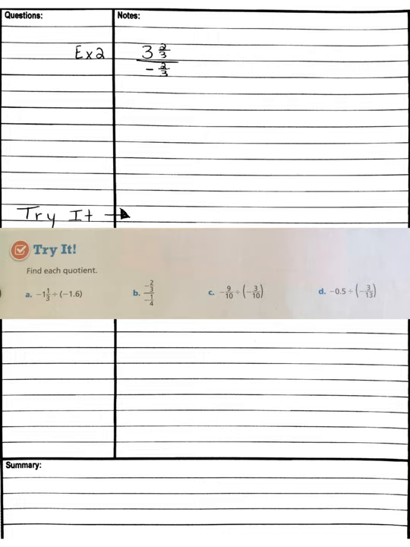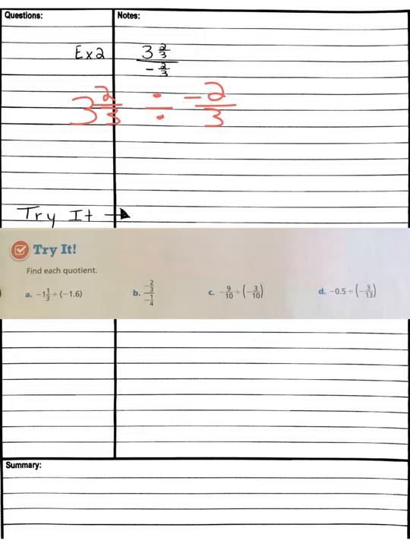So what happens if we look at example 2 and we have what we call a complex fraction? Well, just think of a fraction as division. So we can just rewrite this as positive 3 2/3 divided by negative 2/3. And now we can change our mixed numbers to improper fractions and then change division to multiplication.